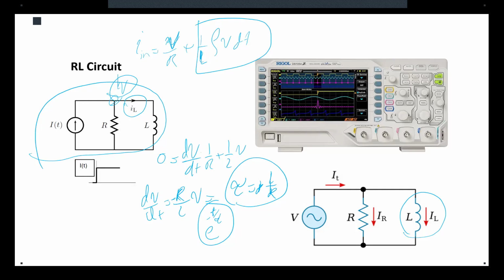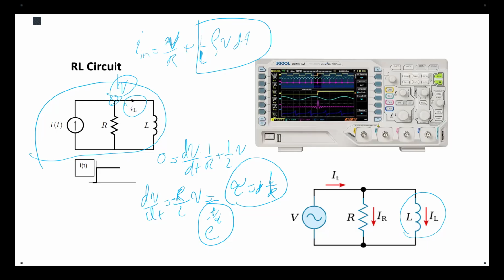Find out the error and try to discuss it: what's the difference and how you can justify that difference. The reason is that we have a current source in the calculation and a voltage source in the actual lab measurement. But I want you to think about why this change resulted in that error.